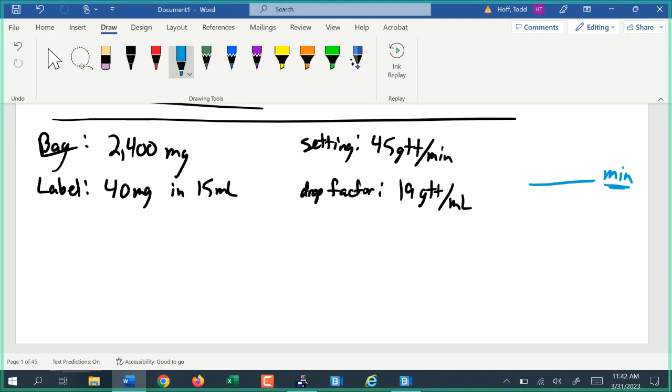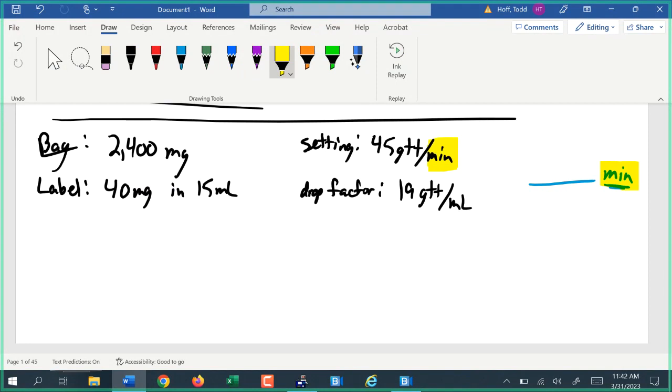Doing a pure dimensional analysis approach to this, we would look at the units that we want. We want minutes. And then we'd look at the units that we have, and we want to find one of the given pieces of information that has minutes in the unit. The only one we see that has that is right here, the setting.